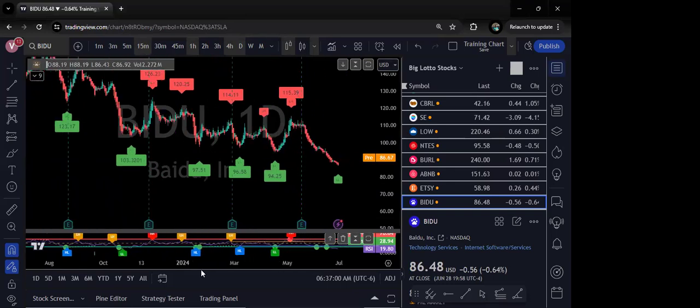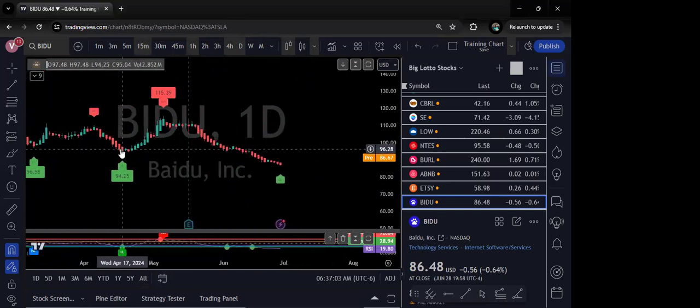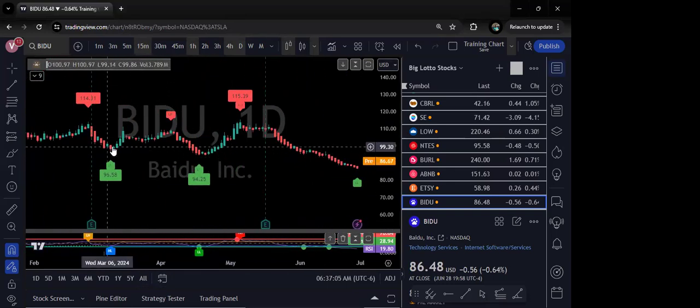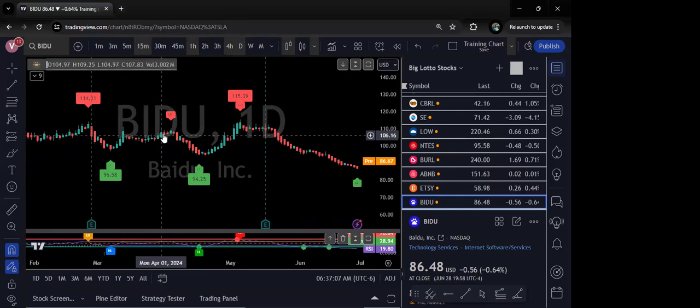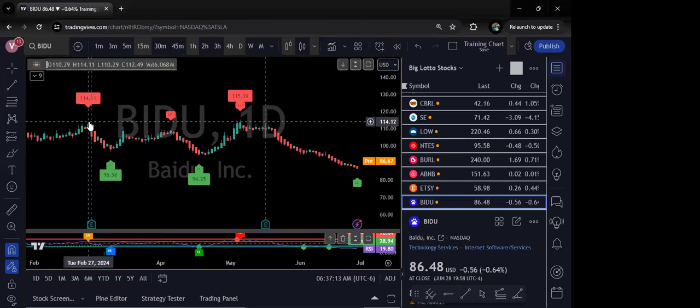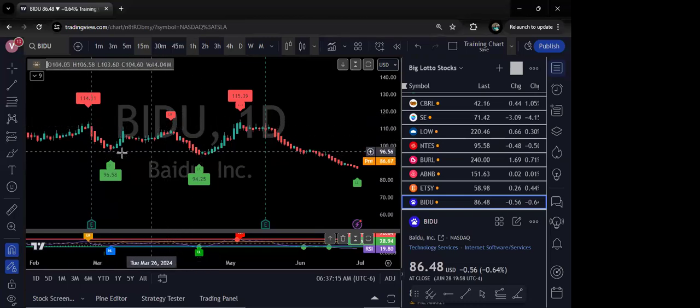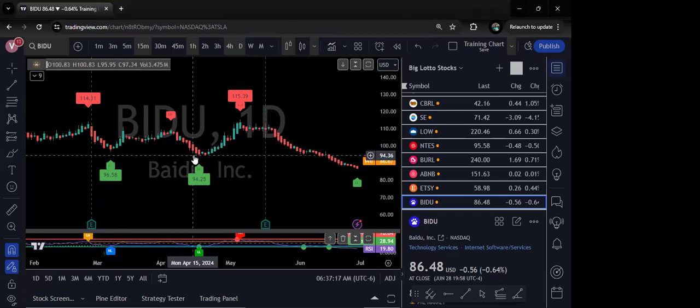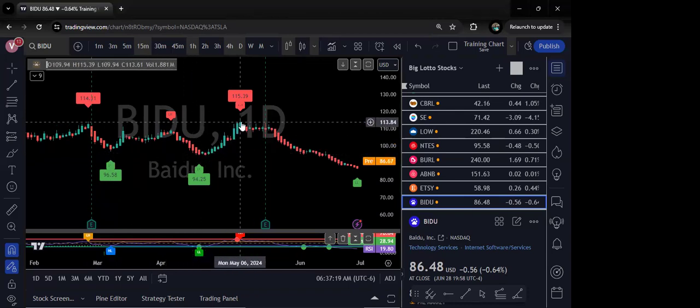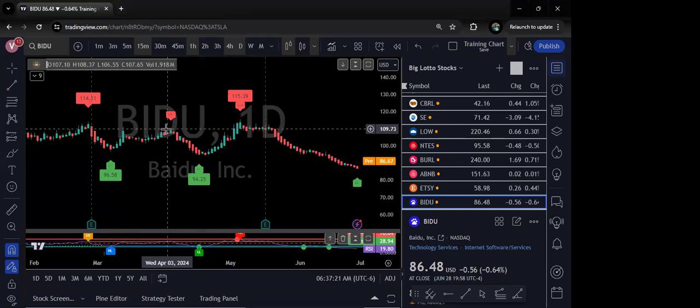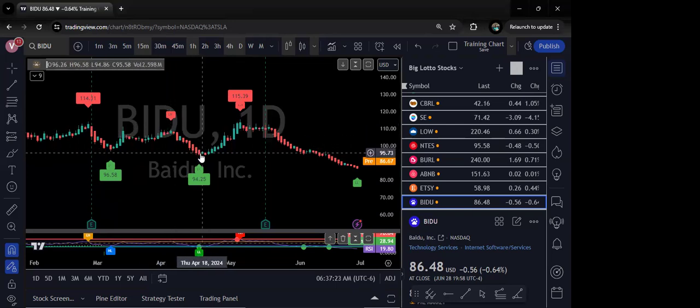So the beginning of April, when the month started, it had rejected 114, this is Baidu. It came down, broke this level, 94, then it started going back up. So from the beginning of April to mid-April, we were having this pullback, this bearish trend.